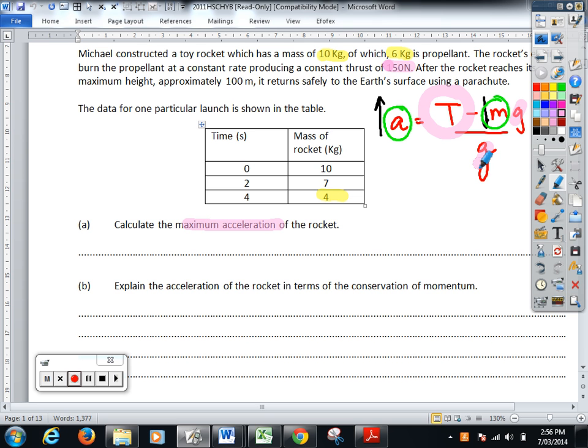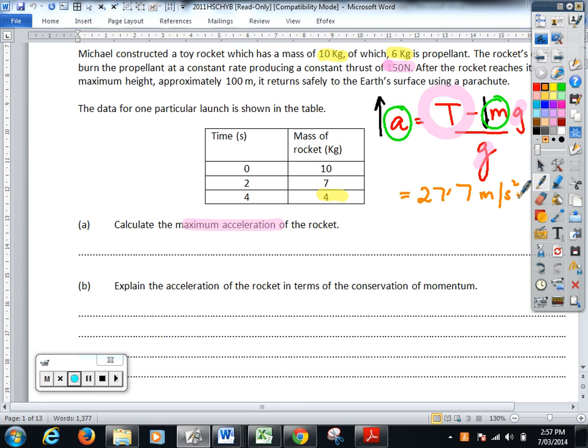This is close enough to be the surface of the Earth. And we know the mass is 4. So take a few moments to calculate the maximum acceleration of the rocket. Right, using our formula, we should have found that the value is 27.7 metres per second squared. Okay?